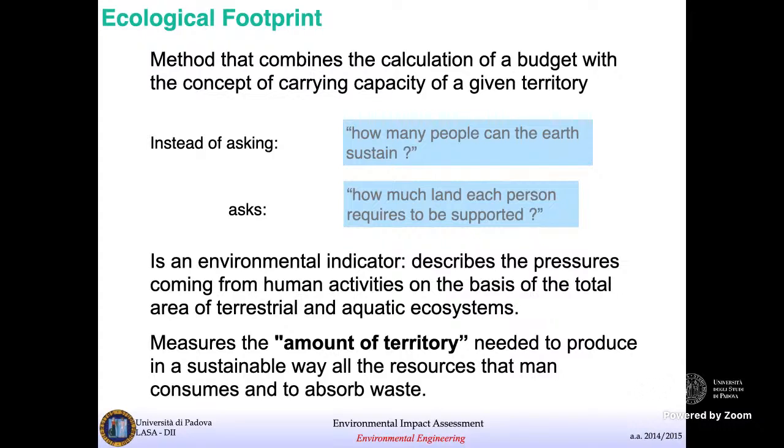So the ecological footprint, as expressed in the 80s and 90s, is a way of combining cost benefits with ecosystem services evaluation. So by calculating the ecological footprint, you are including cost and benefits evaluations in terms of ecosystem services.